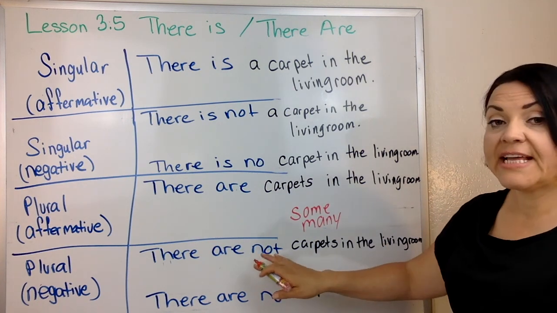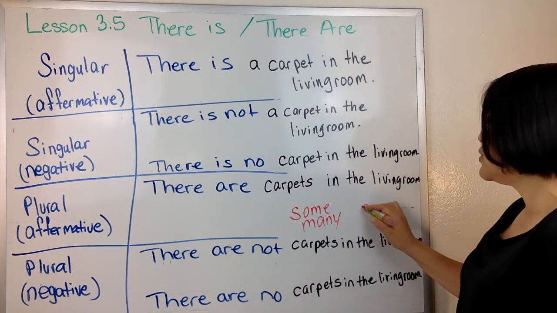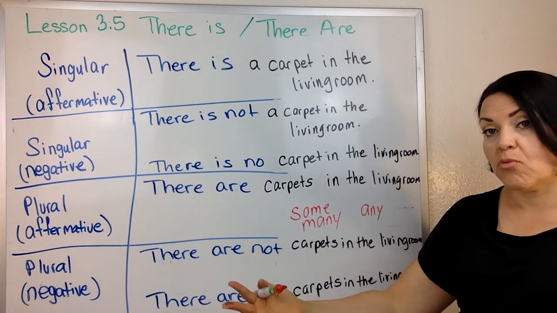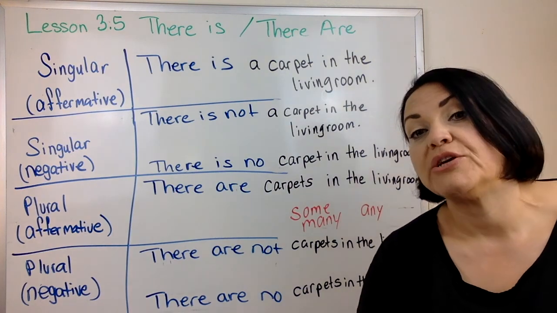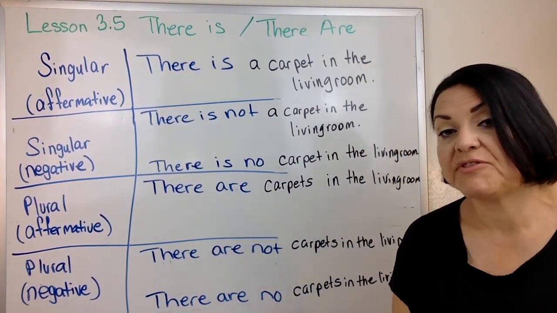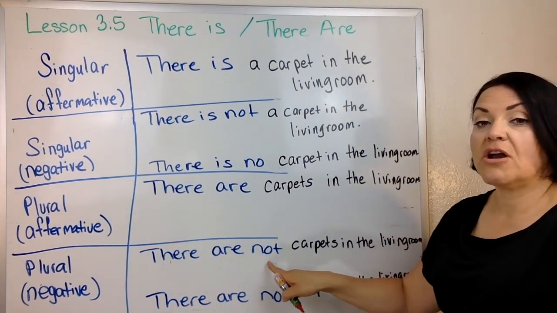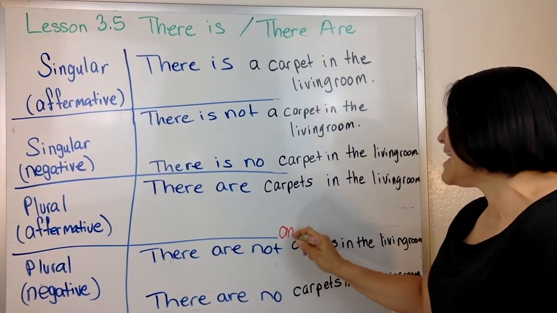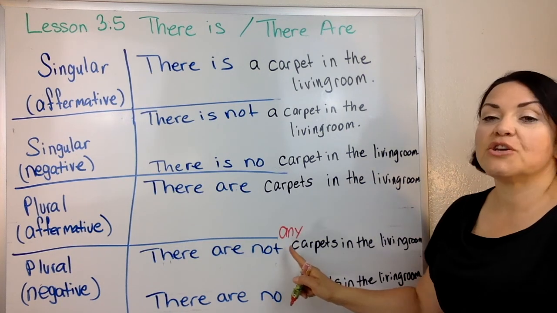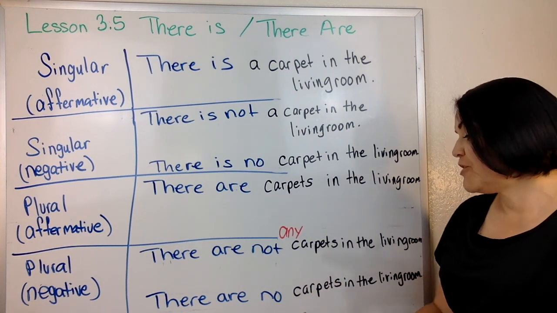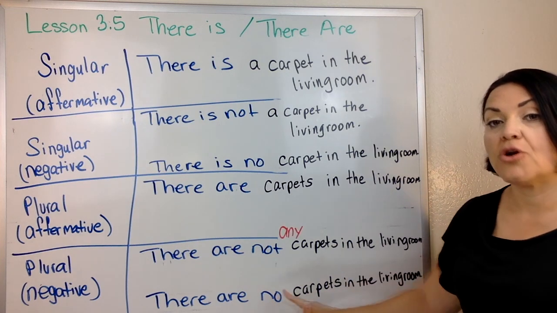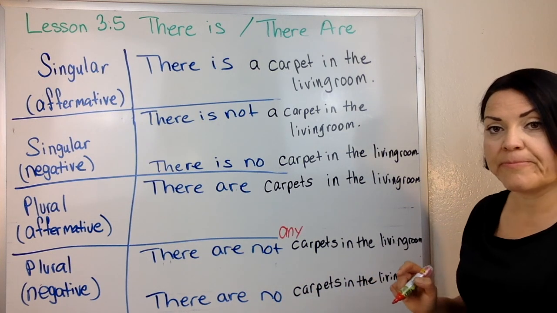So for a negative plural, we would use the word any. It means more than one. So when we use the word not, you would have to say there are not any carpets in the living room. Because we need to know that it's more than one. If you're just going to say no, you just need to say no carpets. There are no carpets in the living room.